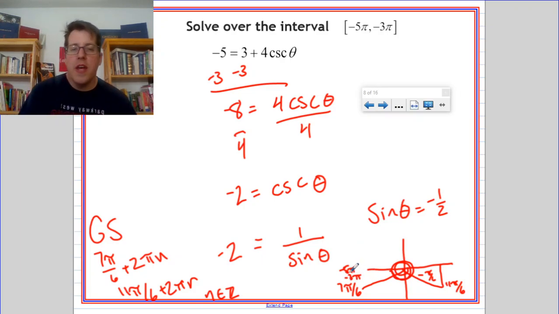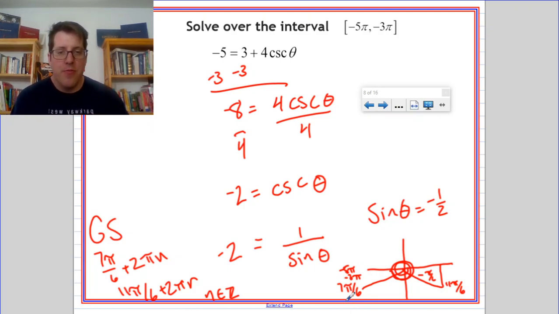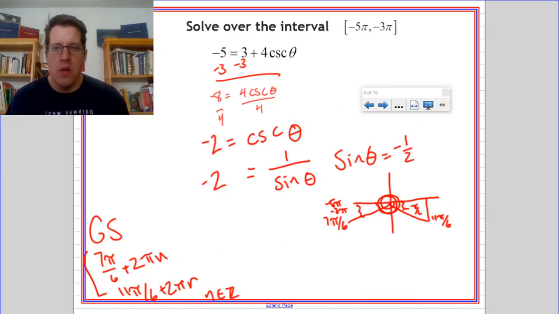So what angles are between negative 5 pi and negative 3 pi and have the same reference angles that I found here? Or what could I plug in for n over here to get me angles between negative 5 pi and negative 3 pi? Okay, so I cleaned that up just a little bit.